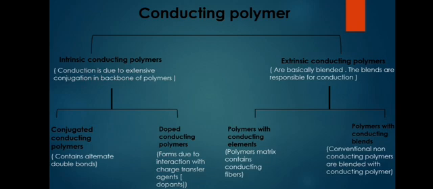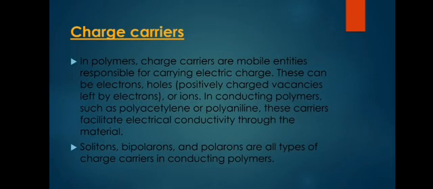These both are further divided into two parts. Intrinsic conducting polymers are divided into conjugated conducting polymers and doped conducting polymers, and extrinsic conducting polymers are divided into polymers with conducting elements and polymers with conducting blends.